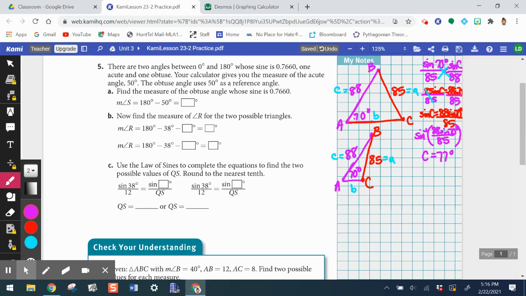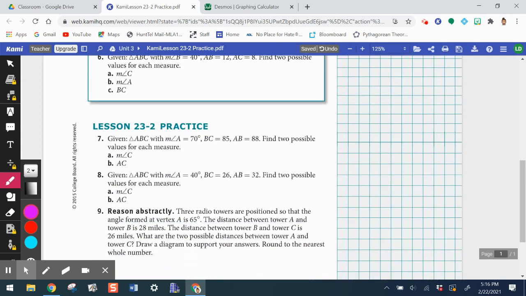So angle C could be 77 degrees, or recall from the lesson, there's another possibility for angle C. So we'll go and add that down here. The measure of angle C could be 77 degrees, or the measure of angle C could be, and the way we find that is we simply take 180 minus 77, and we get 103.